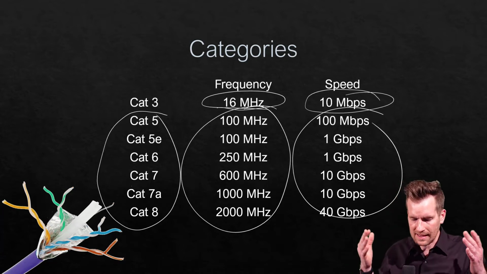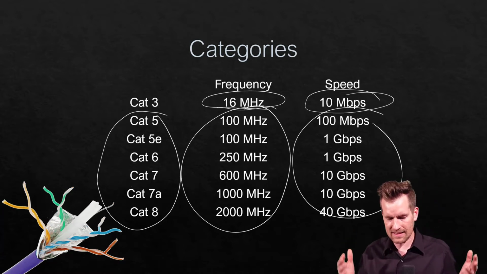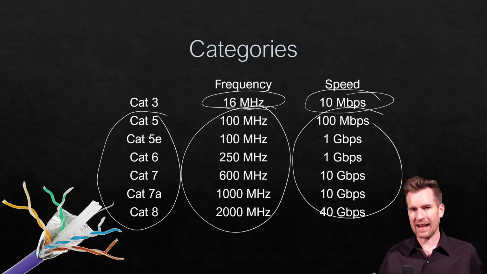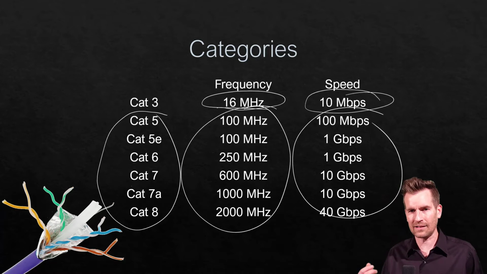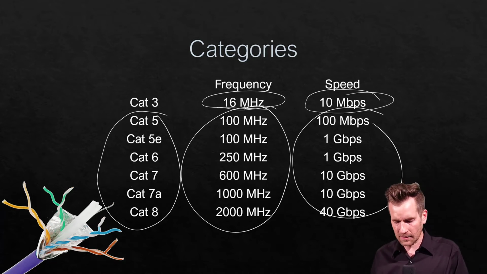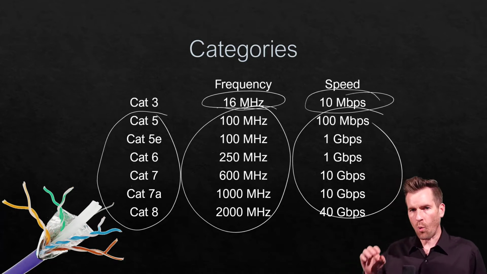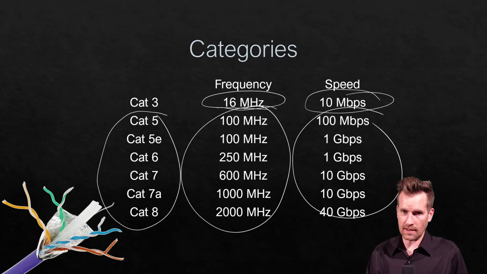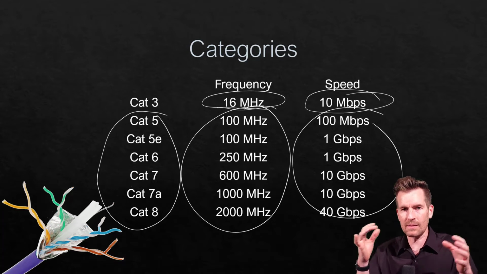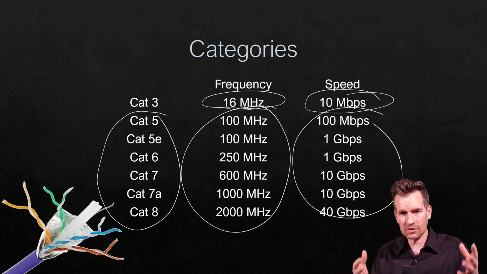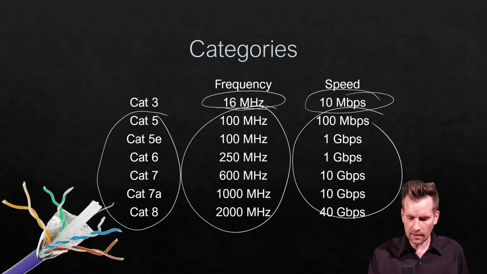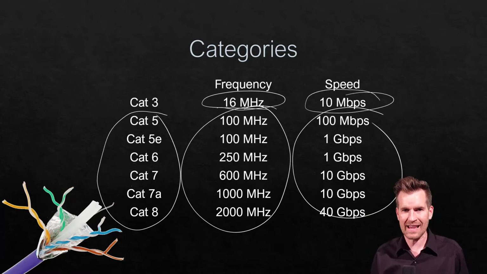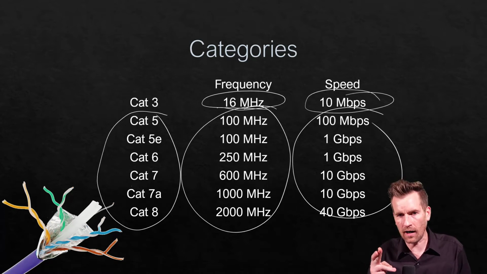So that's where you see Cat 3, Cat 5, Cat 5E, Cat 6, Cat 7, Cat 7A, Cat 8. There's actually a lot of categories in between these. I've just picked out some of the big ones here. So we continue to improve. One of the big improvements with all of these, there are adjustments that we've made in how we separate these out and limit how much EMI comes in, limit how much crosstalk. But one of the big differences with all of these different categories is how many twists there are in the cable.